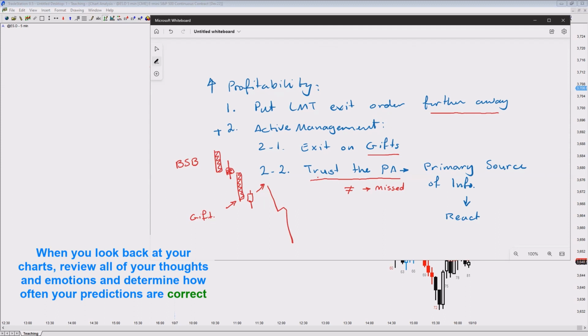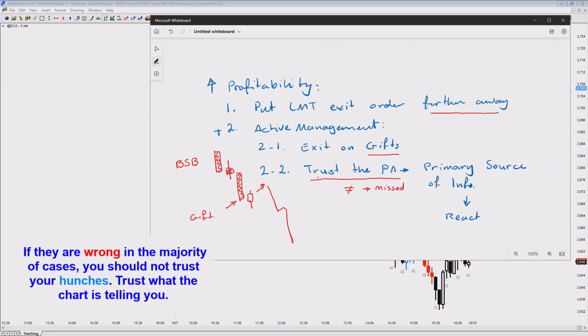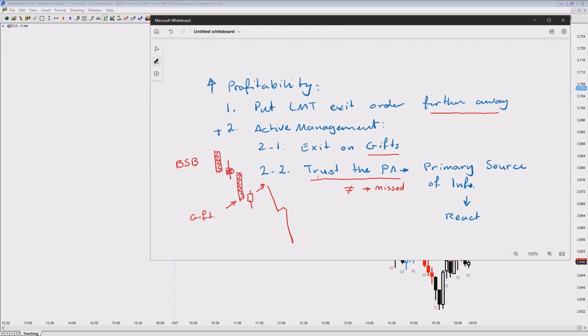You have to go back and look at all the charts as far as you remember. What were the thoughts and emotions at that point? And you were thinking that, okay, there's going to be a reversal here. It never happened. How many times you were right and how many times you weren't? And if you are not right in the majority of those cases, it means that you shouldn't trust your hunches and trust the chart in front of you. Is that clear? That's very important. It's such a repeating theme in the trades that I see that I thought it's maybe worth mentioning.